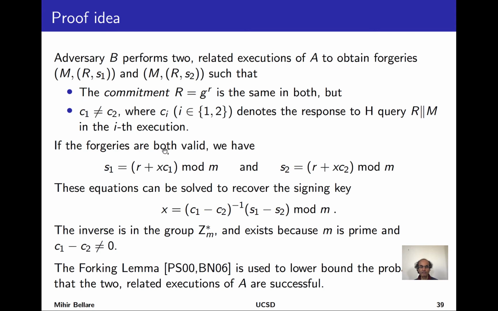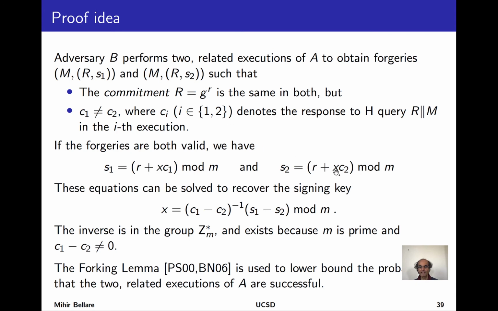Now assume that the forgeries are both valid, so the signatures are correct. That means that the signatures obey the equation of the signing algorithm. So the first signature is R plus XC1 mod M, and the second correspondingly. But the R here is the same in both because the commitment is the same.